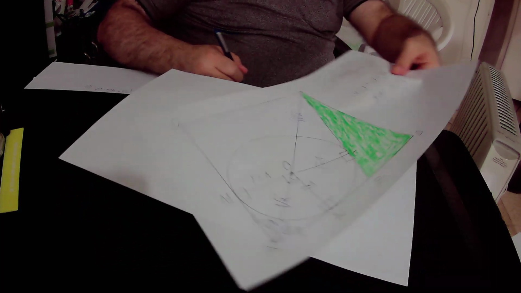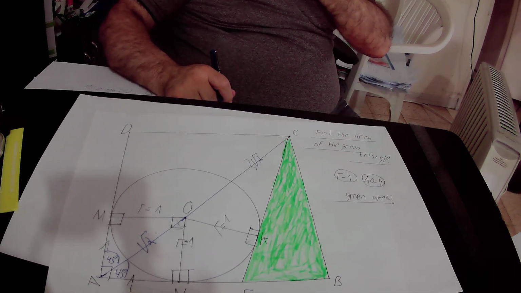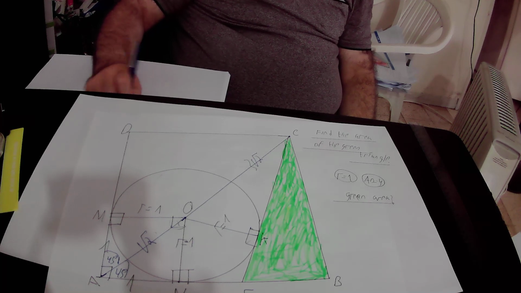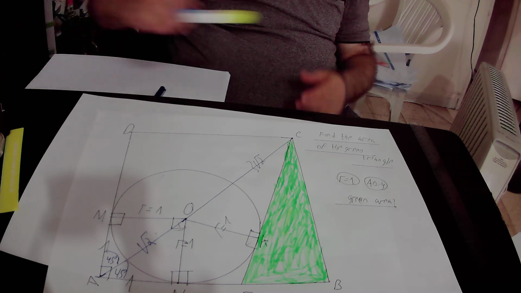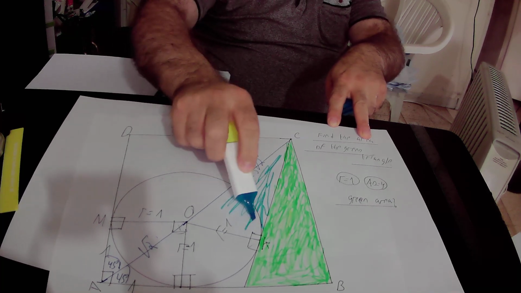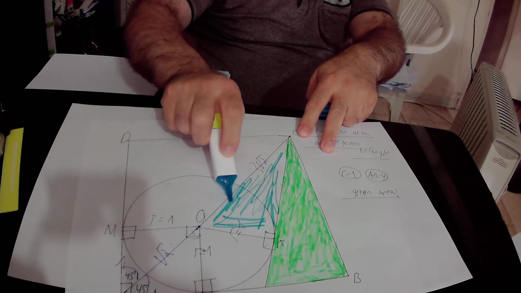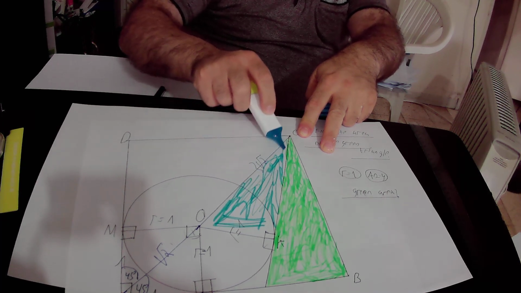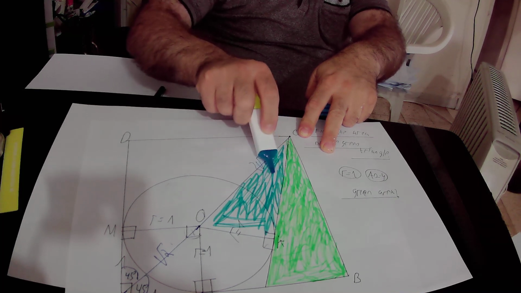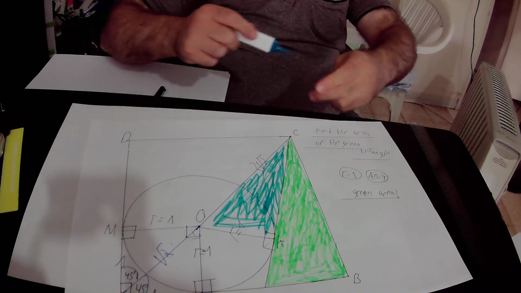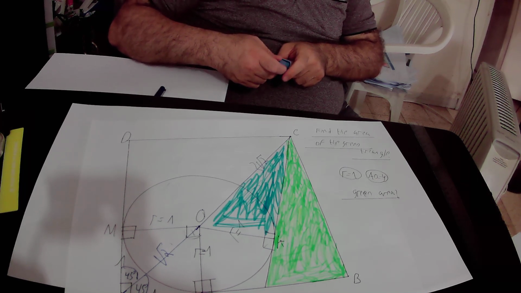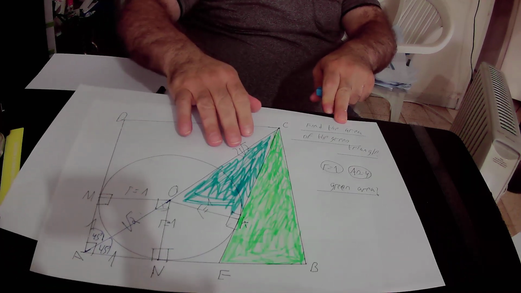So in the next step we will focus on the right triangle COK, the blue right triangle COK.